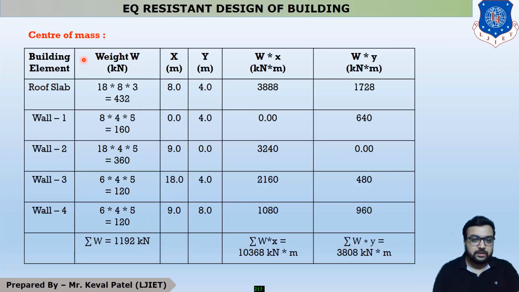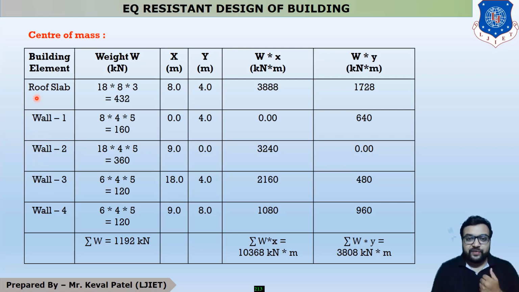This is the table. The table lists building elements. As we discussed, to find center of mass we have to consider a total of 5 components. First one is roof slab. Second are wall 1, wall 2, wall 3 and wall 4.